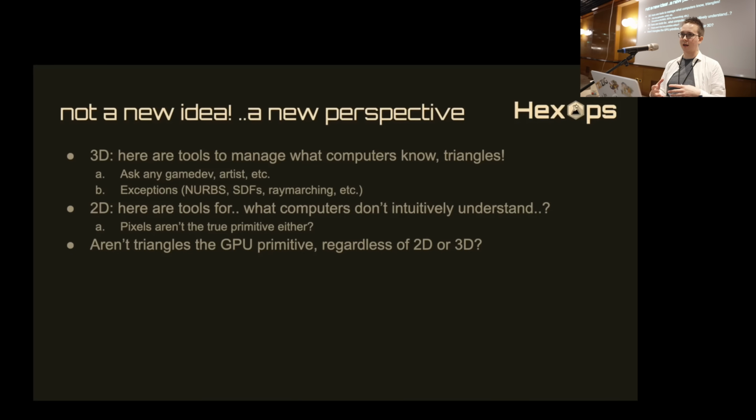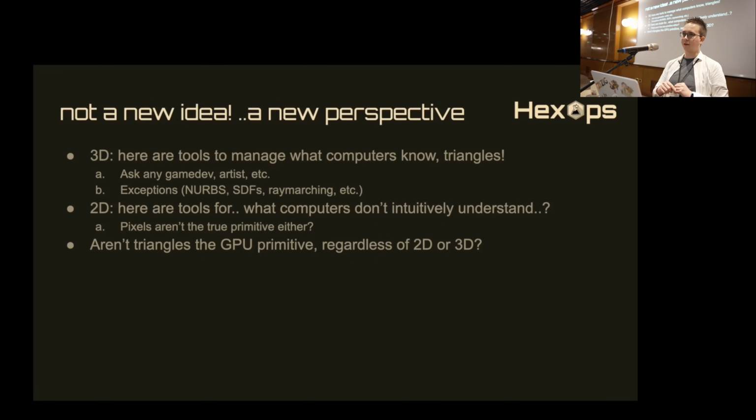We say, okay, well, it's either going to be the pixels or it's going to be this mathematical representation of shapes. And I find that very strange, because you can't hand that mathematical representation of shapes over to the GPU and have it do that. You can only give it triangles. So I think that triangles are probably the GPU primitive, regardless of whether or not we're in 2D or 3D.